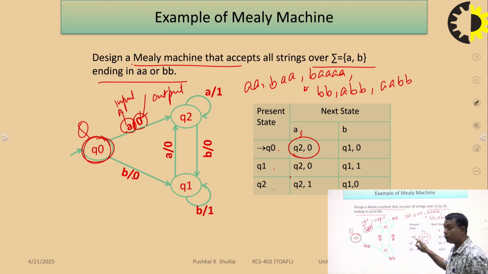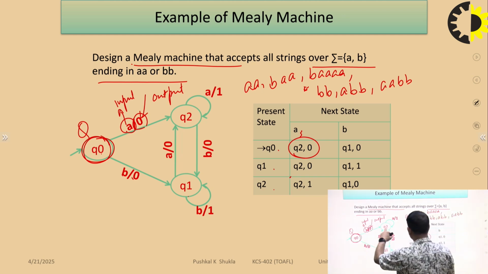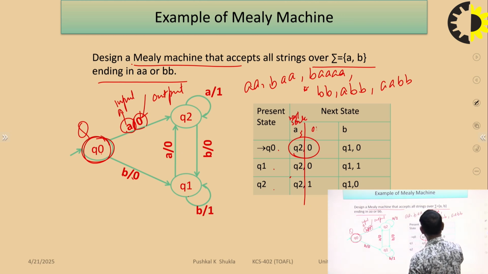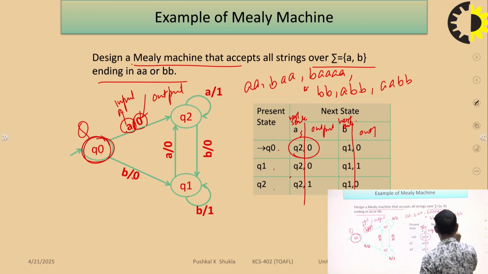At the state Q0, after taking input A, it goes to the state Q2 and produces output 0. So this is a state and this is the next state actually. This is the next state and this is the output. Again, this is a next state and this is output.